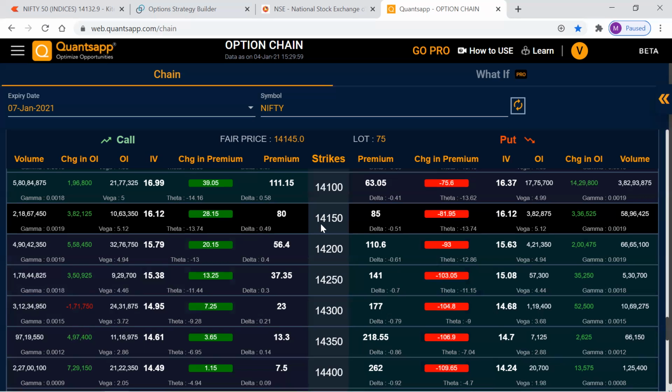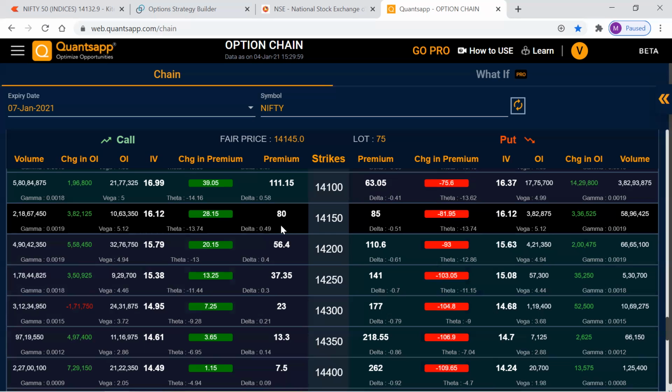Imagine that you have bought a call at 14,150, and after some time the market went till 14,250. Because of that 100 points movement in Nifty, which is nothing but the underlying asset, your premium will move from 80 to 129. Because it moved 49 points, because delta is 0.49.